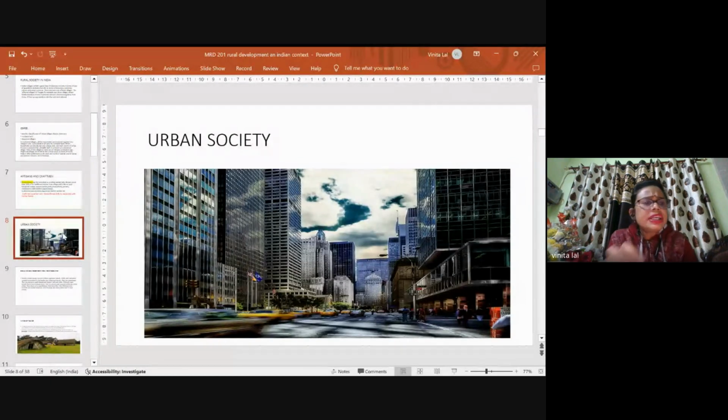This heterogeneity is also manifest in the employment opportunities available in almost all industries. This is unlike rural areas, which may present a dominant economic activity based on the region, like agriculture or poultry farming. So this is all about urban society.